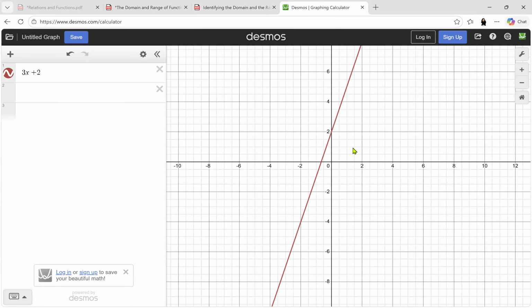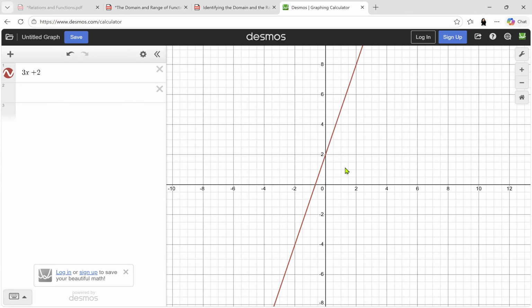So let's zoom out a little bit. And somebody tell me, what would be f of 2 and what's f of -2?